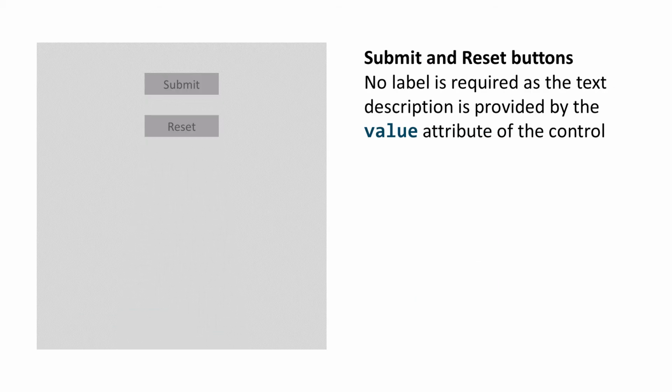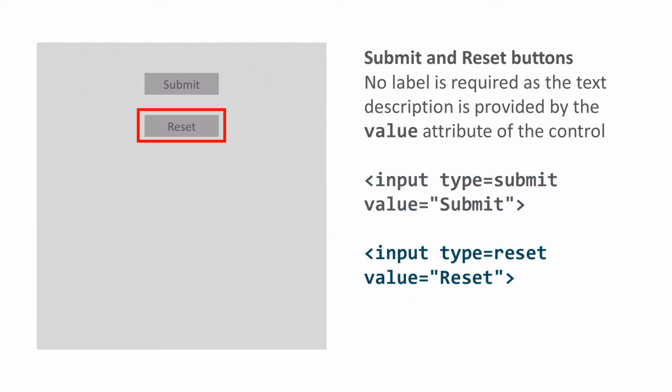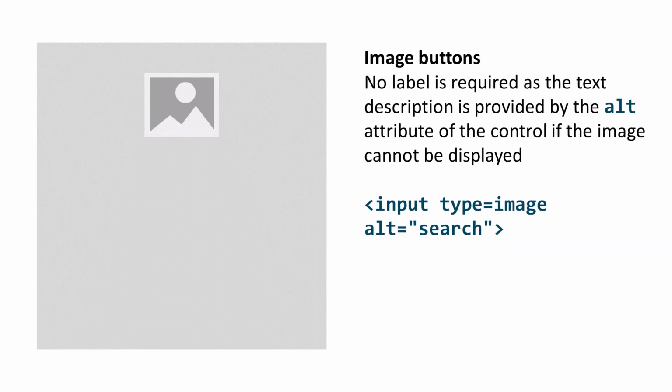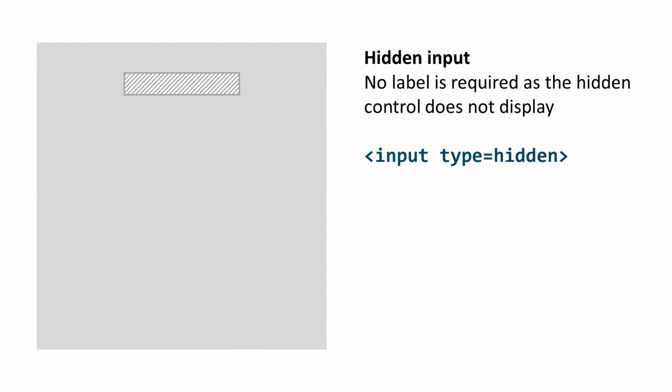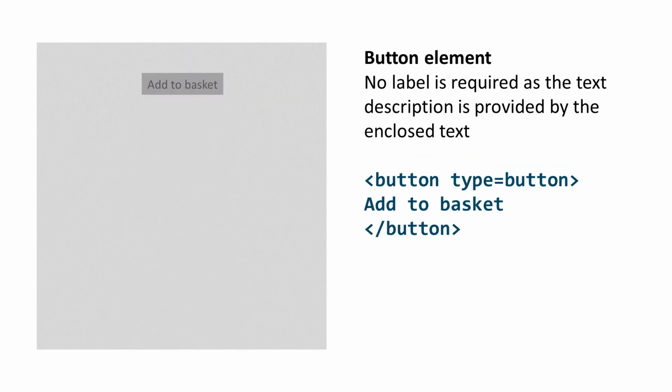Submit and reset buttons have a text description provided by the value attribute. Image buttons have the description provided by the alt attribute of the control. Hidden input fields don't require a text description. Button elements have the description provided by the enclosed text.